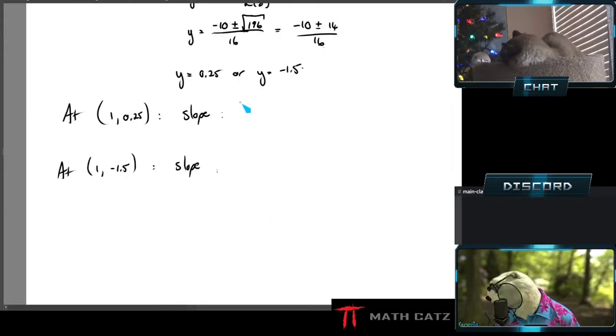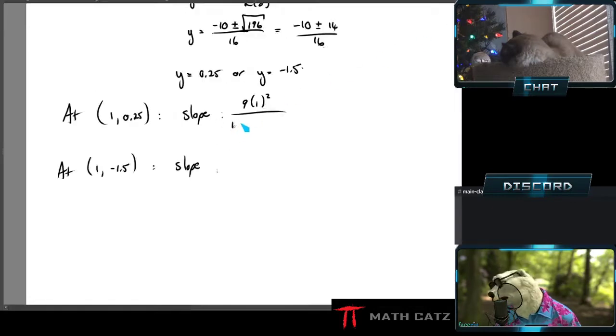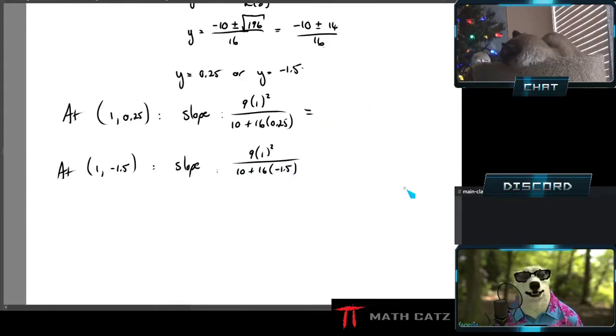9 times x squared, 9 times 1 squared over 10 plus 16y, and this one's the same, 9 times 1 squared over 10 plus 16y, but a different y value. What do I get for the top one? I don't know. Calculator time. 9 divided by, a quarter of 16 plus 10.